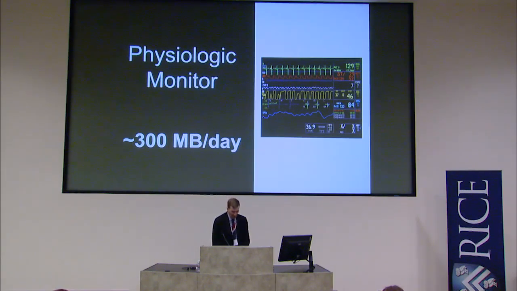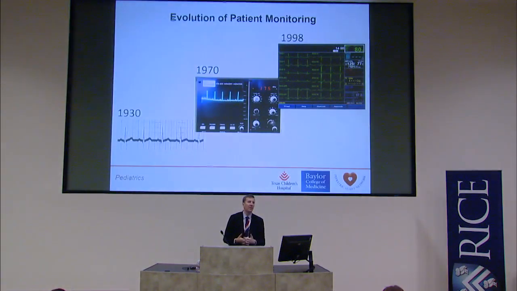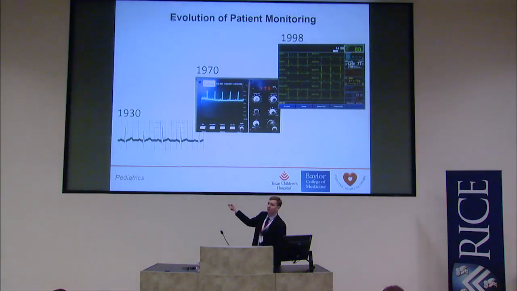Now, what's interesting about these devices is that they have been relatively constant over a very long period of time in terms of their functionality. So what you see here is an ECG in 1930 from a strip chart, right? So just a piece of paper, a little needle that goes and traces out the rhythm of your heart.